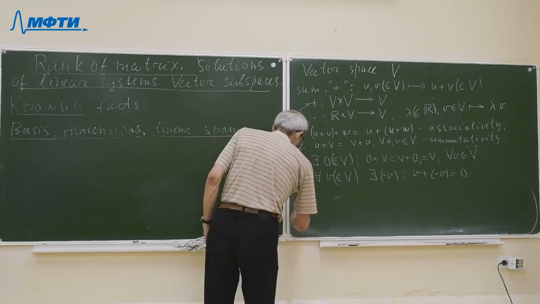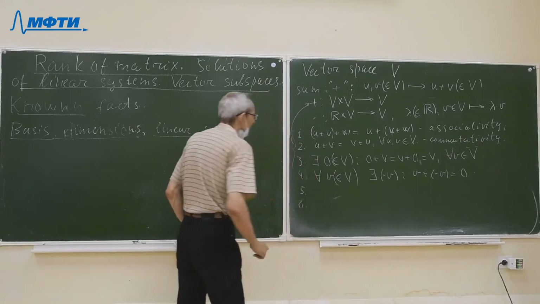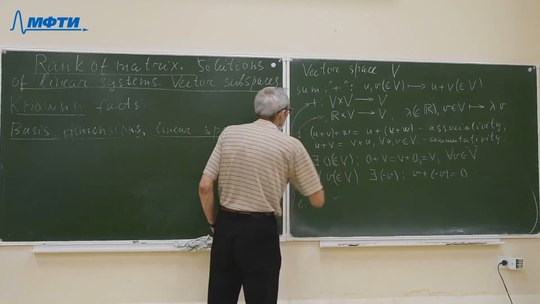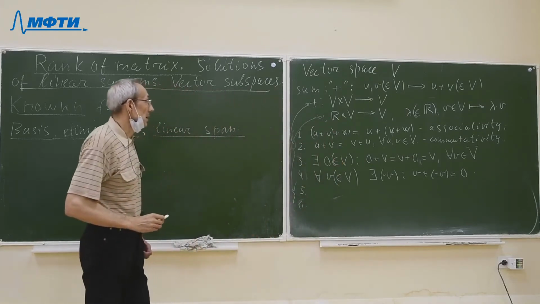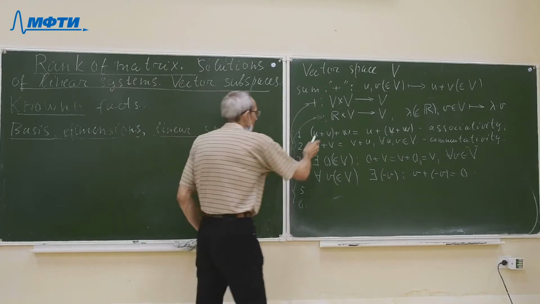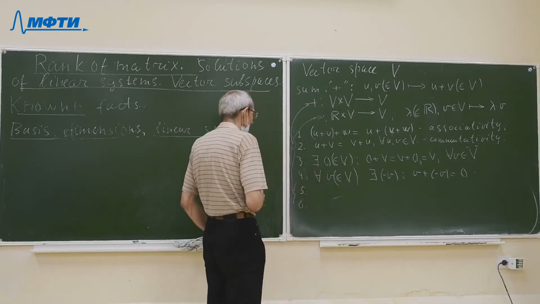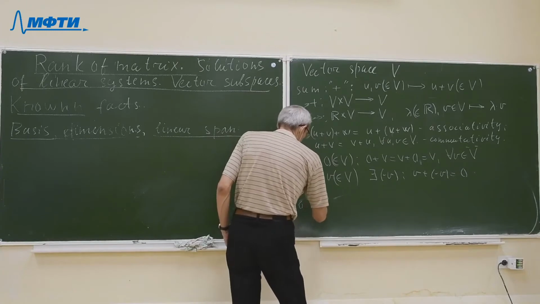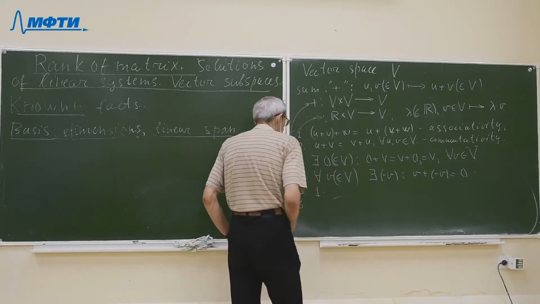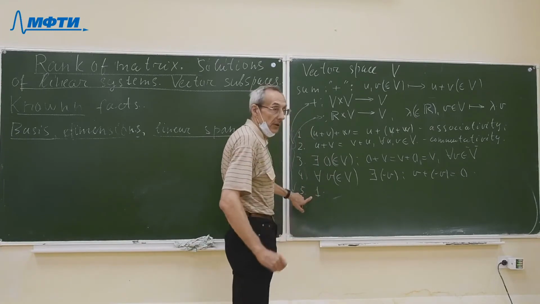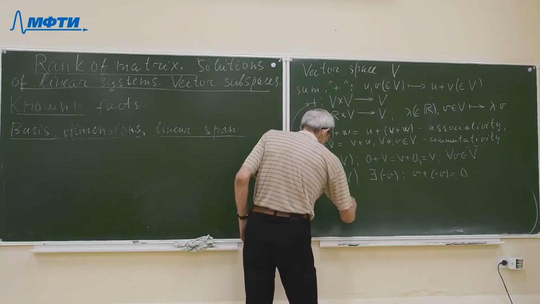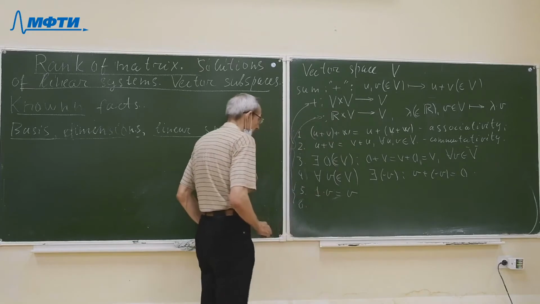The next two axioms are the axioms of scalar multiplication. First of them, the product of the real number 1 and any vector v is equal to v.